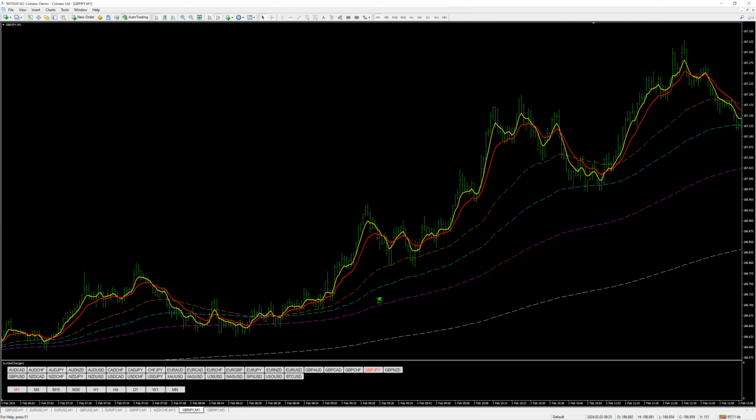Then 30 times 8 is 240, which is 200. I took the closest ones to the market makers in that sense. So this becomes the 1 hour, 30-minute, 15-minute, 5-minute, and the 5 12 on the 1 minute.